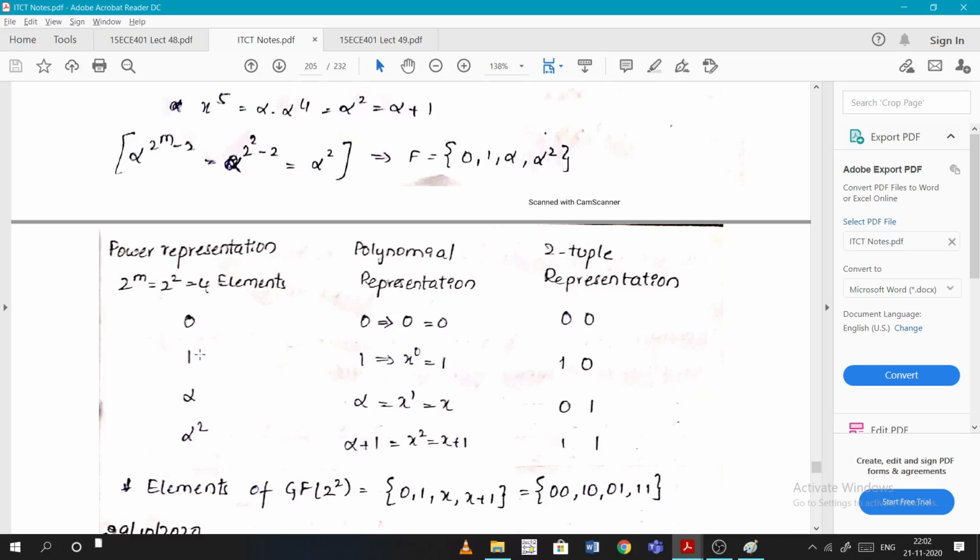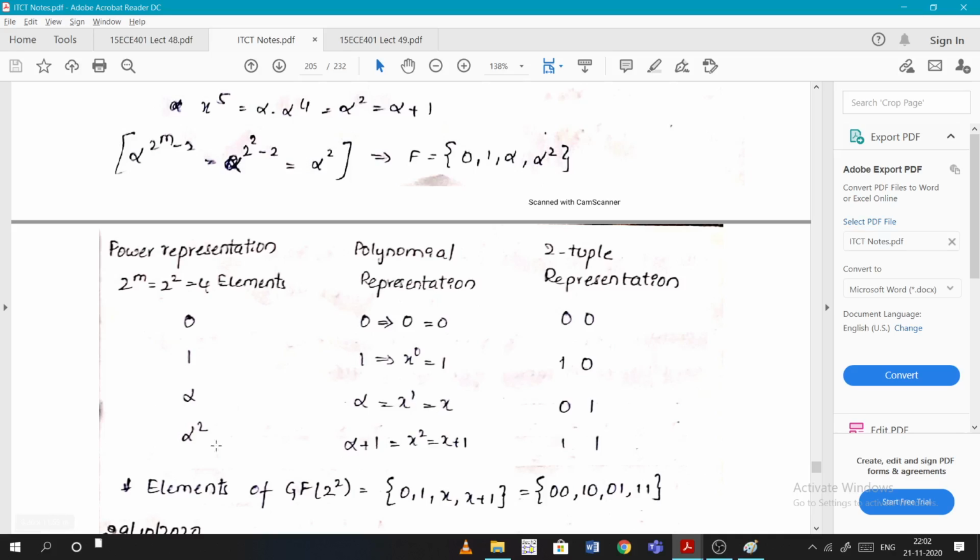Now 1 is a constant. When you want to write this 1 in terms of x, x power 0 is 1 only, so the coefficient of x power 0 here is 1. Now alpha is equal to x, that we already considered, alpha is the root of x, so x power 1, that is x.